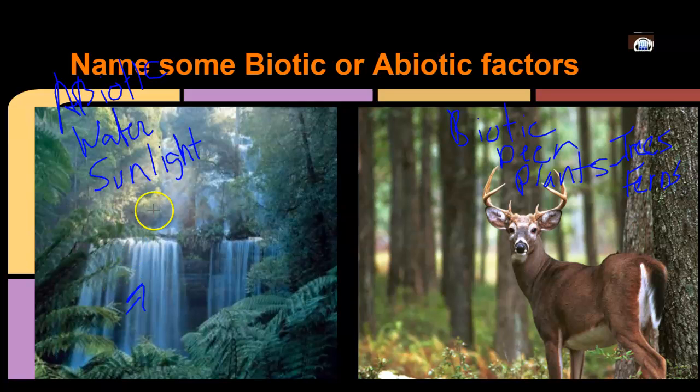Okay, well, this to me looks like it's some sort of a rainforest, so you've got temperature. It's probably warm there. It's clearly not frozen. Maybe if it's a deer, you've probably got insects, maybe ticks, which are not actually insects, by the way.